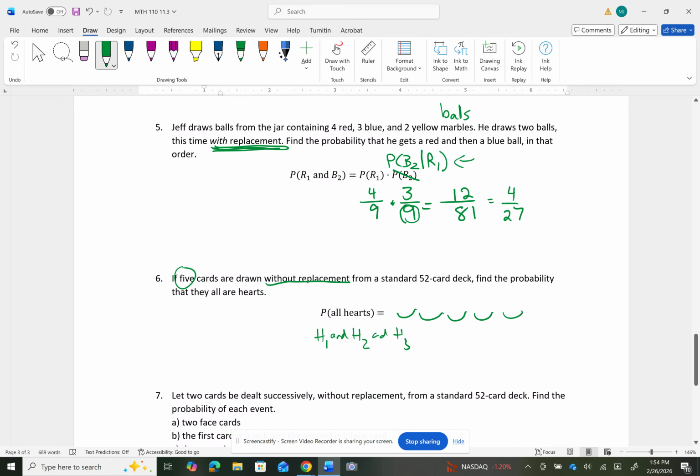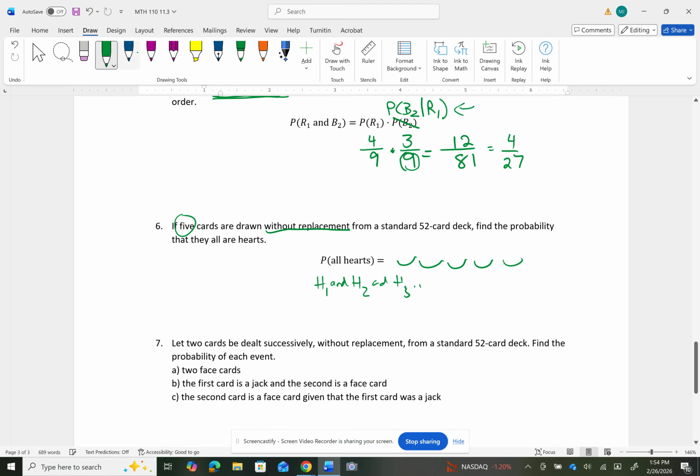It's really the probability of heart first and second and third and fourth and fifth. So I'm going to think about that, and I'm going to wind up multiplying my results each time. And so I'm thinking about looking at my deck of cards.